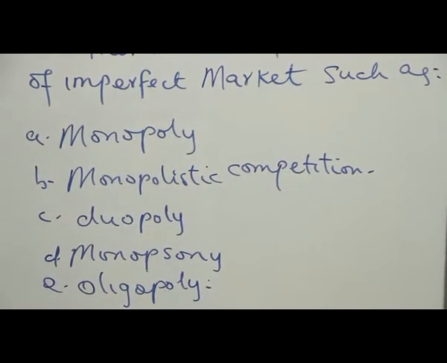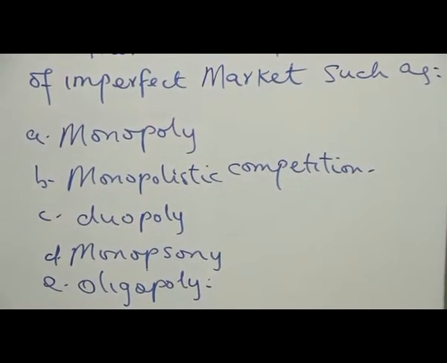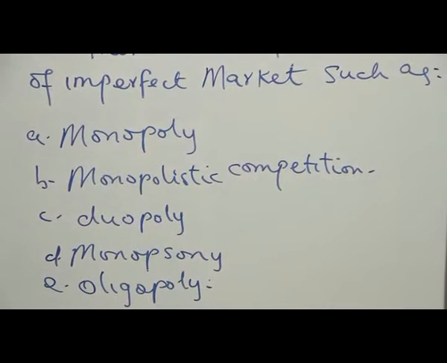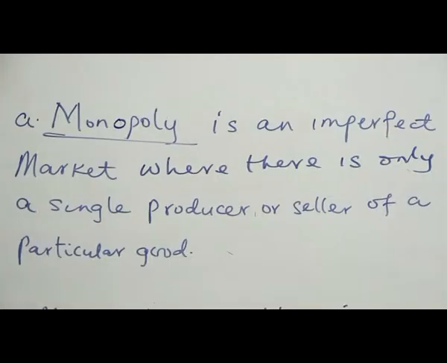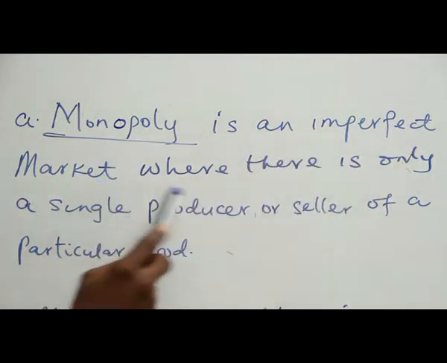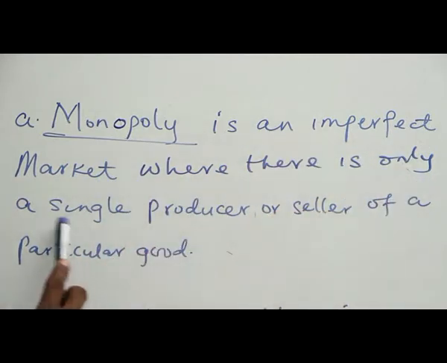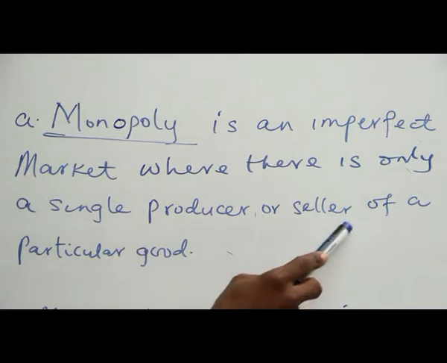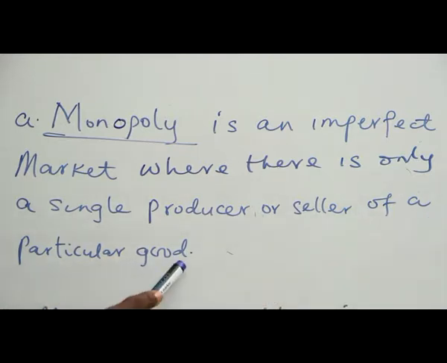That is, for a market to be imperfect, what are the necessary conditions that the market must meet, as we have explained under perfectly competitive markets. A. Monopoly is an imperfect market where there is only a single producer or seller of a particular good.